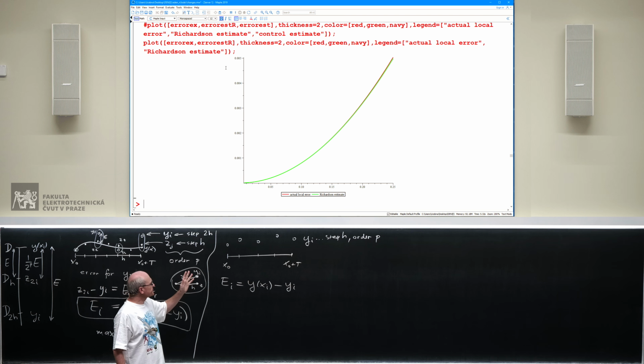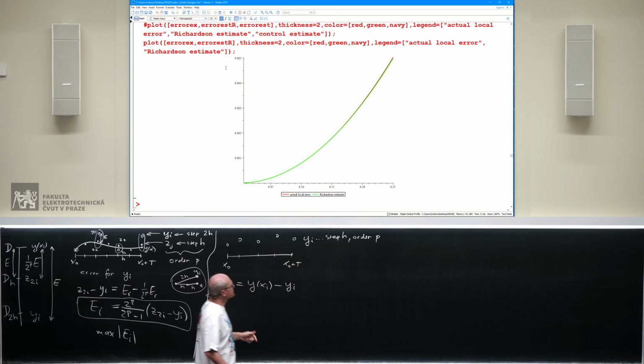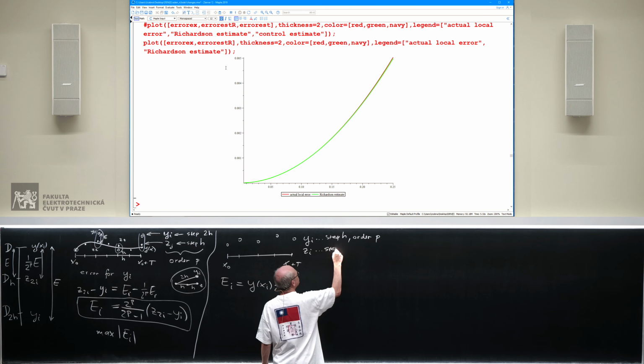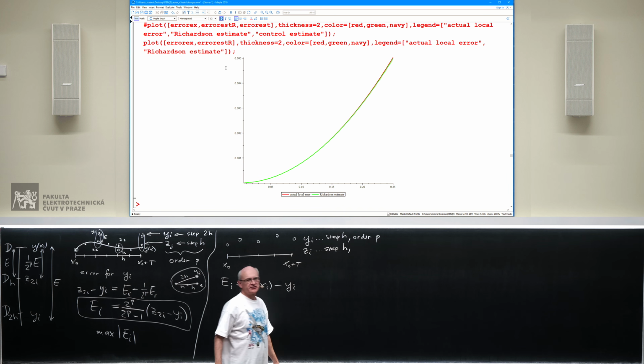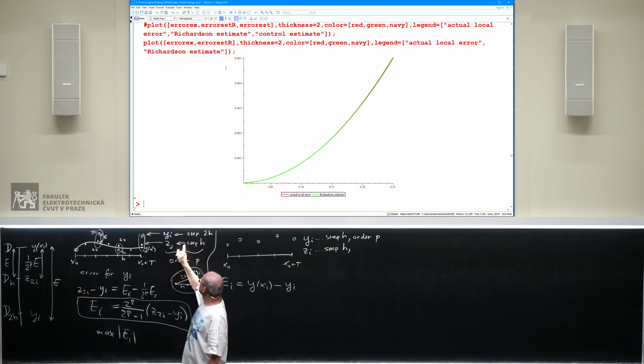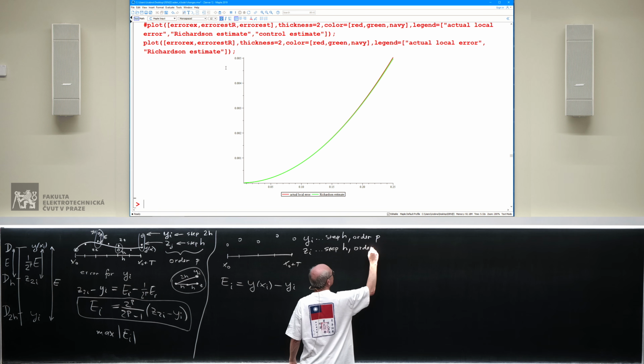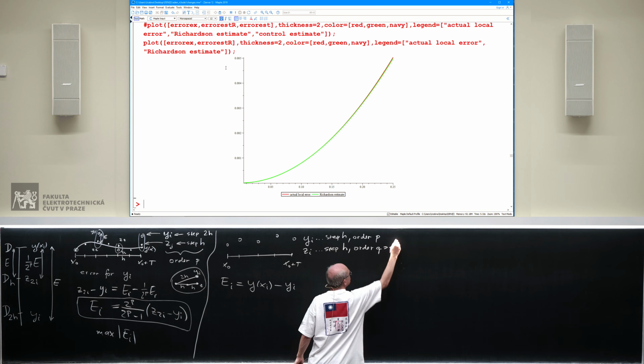Now here's the trick. This other approach uses so-called control method. So I will use a different method which produces approximation with the same step. So for Richardson, I'm changing the step. For control method, I'm keeping the step, but I'm using a method of different order, which is larger than p.